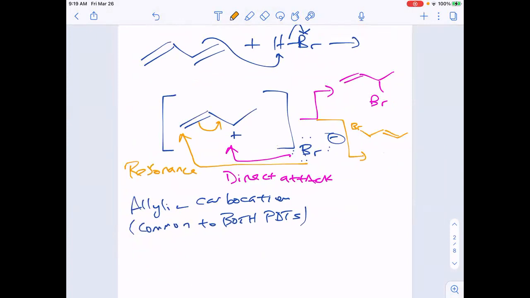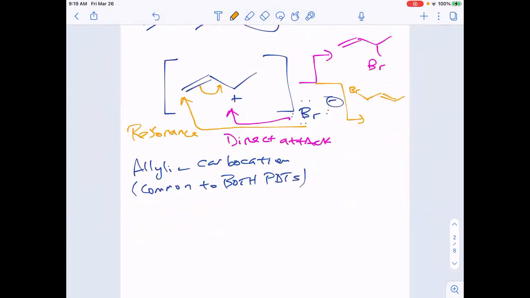If you look at that allylic carbocation, what would the resonance form look like if I asked you to draw the resonance form of that? You would shift the double bond over like this, right?